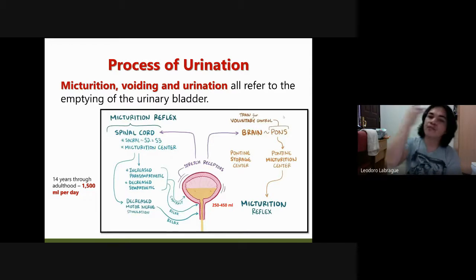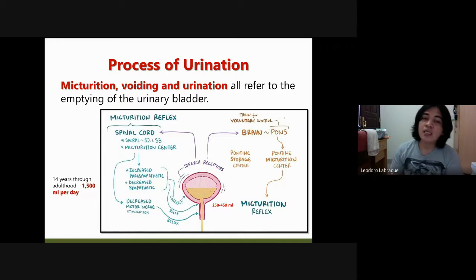That's why it is very important that the brain of your patient is functioning. Why? Because it not only controls other parts of the body, but it also controls the urination of a person. That's why if a patient had a head injury and the micturition center is affected, the patient will lose control of urination.